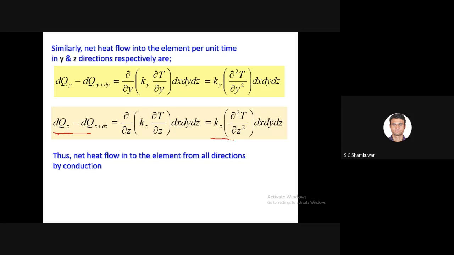So this will be what? Kz into del square t by del z square into dx, dy and dz. This is for z direction, third one.